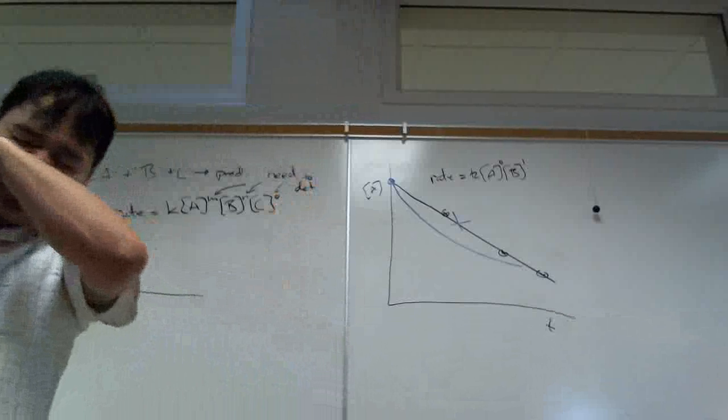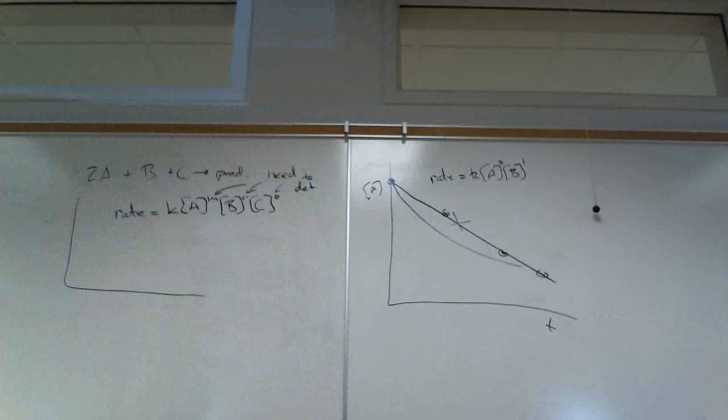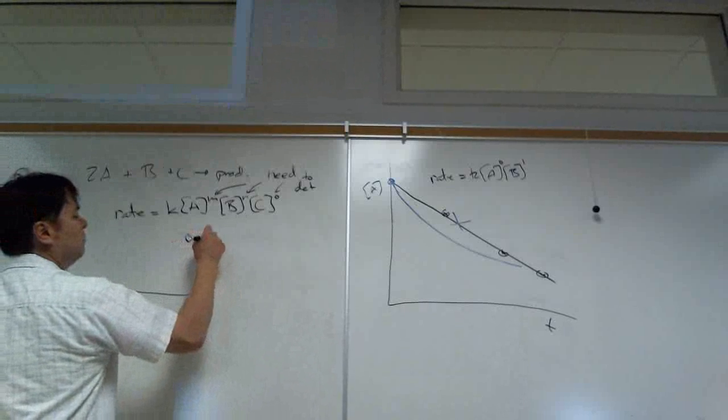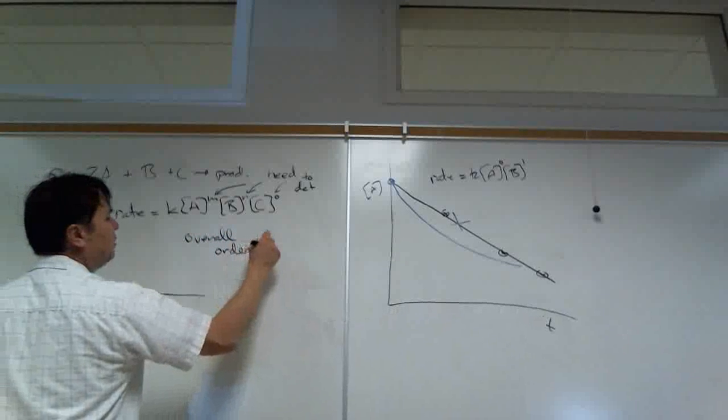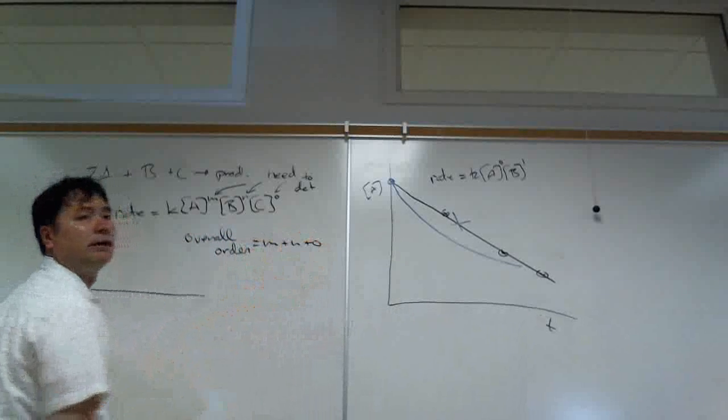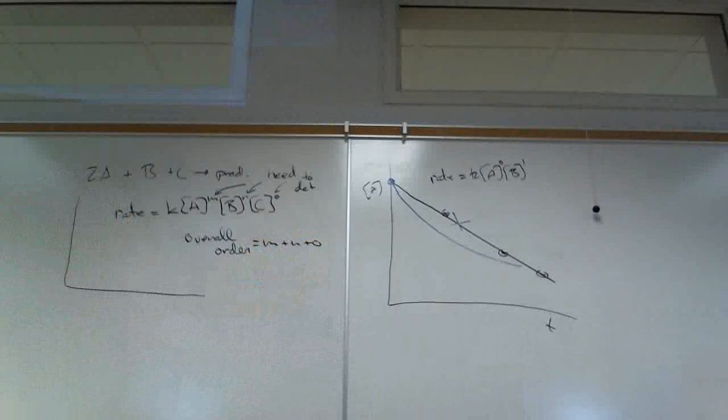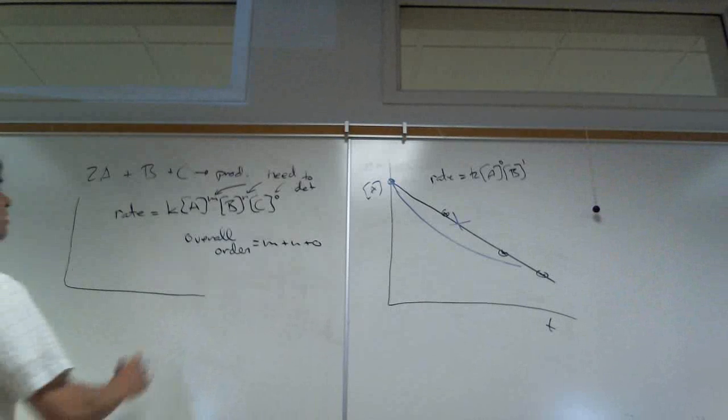If we were to graph the data, what we're going to observe is the overall order, which is M plus N plus O. We'll see that as the result of the curve, depending on that. And so there are two ways to determine the individual orders.